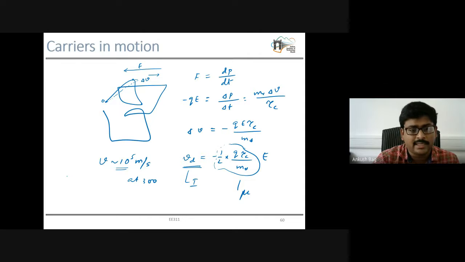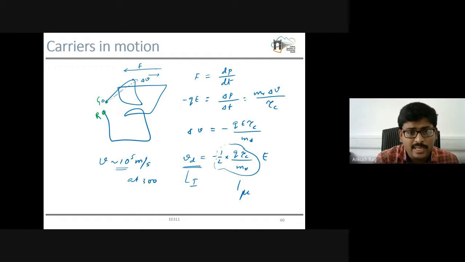Now let us apply an electric field. Let's say this path is the random path of your electron, and here your electron is generated, and here it recombines. This generation and recombination will continue within the semiconductor if we keep it at a certain temperature.